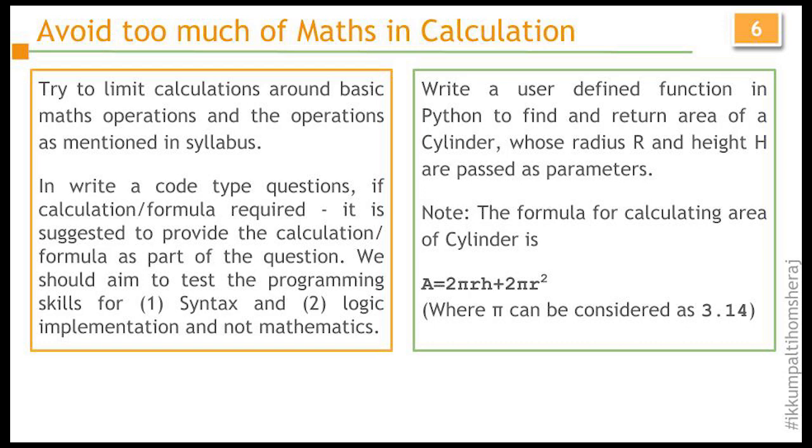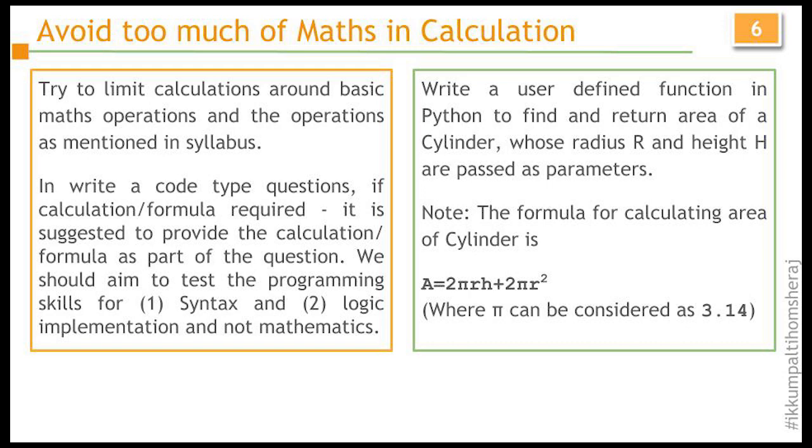This is an example where you can see a similar kind of thing happening. Write a user-defined function in Python to find and return the area of a cylinder where radius r and height h are passed as parameters. Note, the formula for calculating area of cylinder is this.